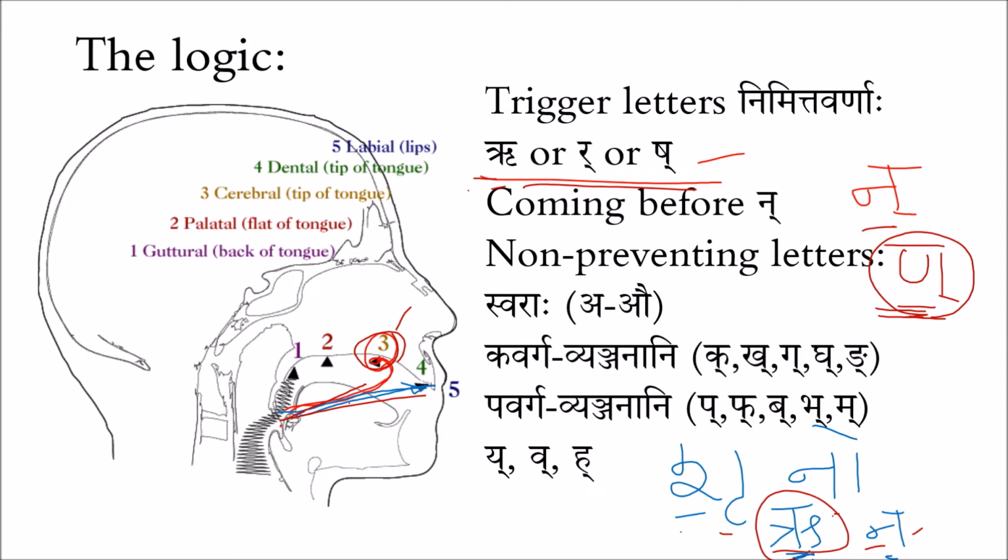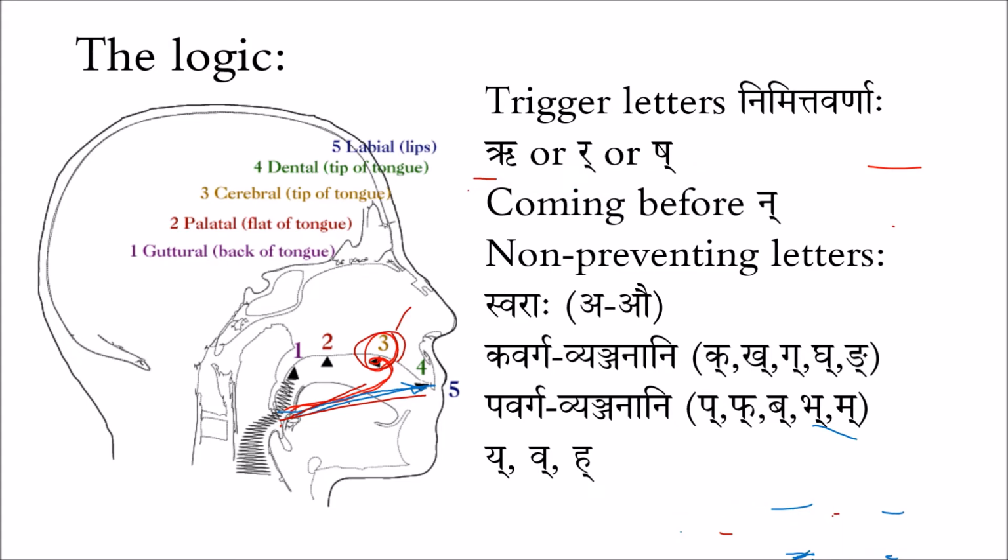And if you take the other example also, like Arnava, that is another example similar to Shrunoti. In Arnava you have Ra, right?